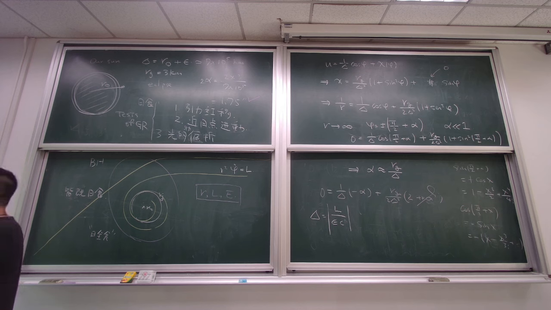Can you make the question a bit more concrete? Which system are you thinking about? Is it Schwarzschild or somewhere else, or whatever?